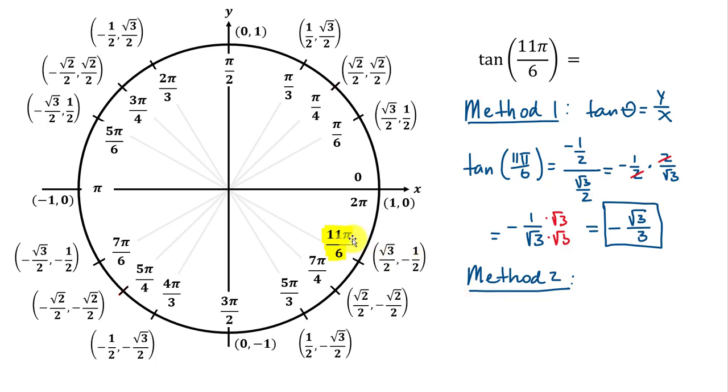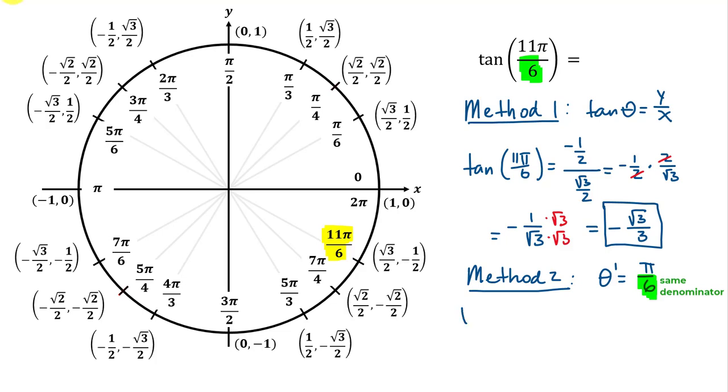So that means that if our angle is 11 pi over 6, its reference angle is going to be pi over 6. So theta prime equals pi over 6. So the denominator is the same as the denominator of the given angle. And of course, all fractions have to be in the simplest form.